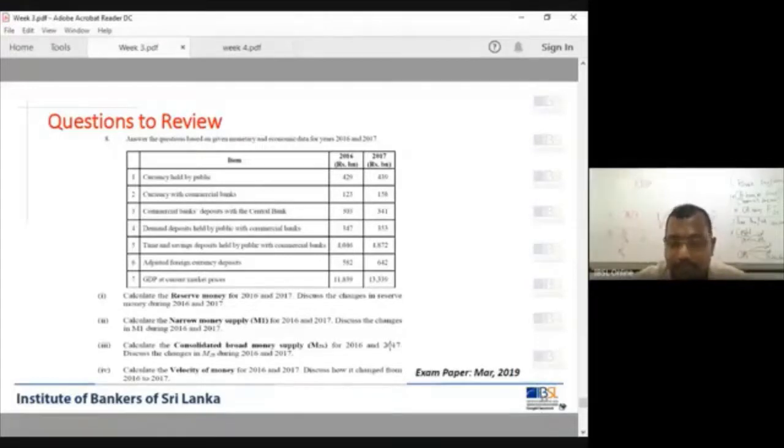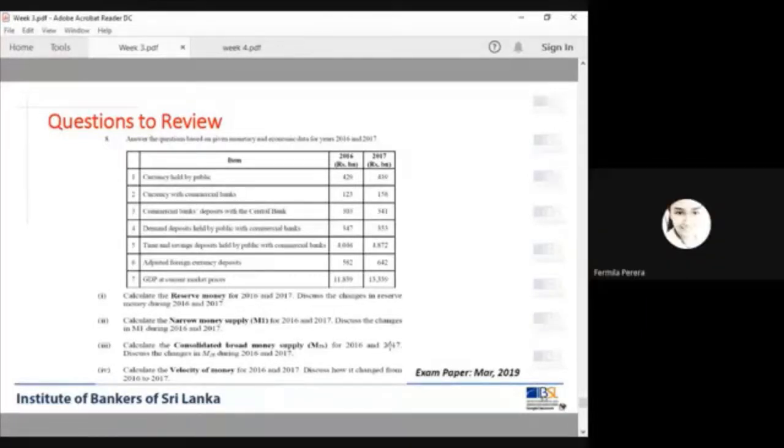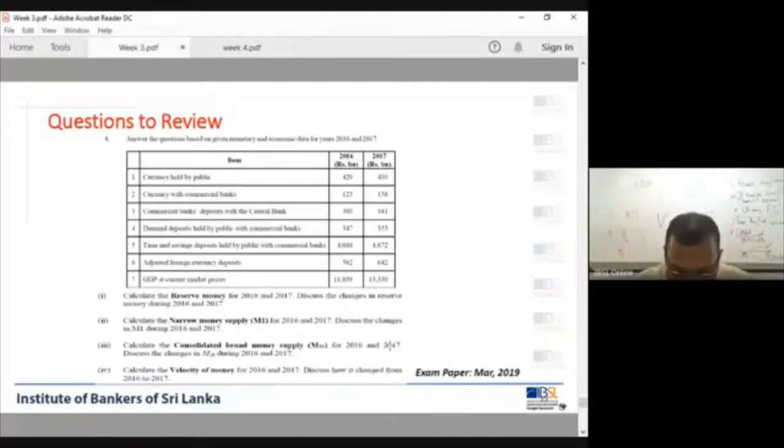Velocity for 2016, how much? 2.19. What did you divide actually? The GDP value and the broad money.